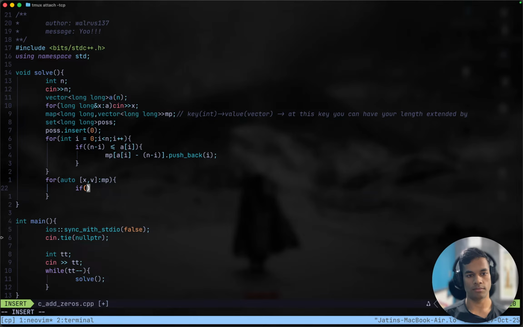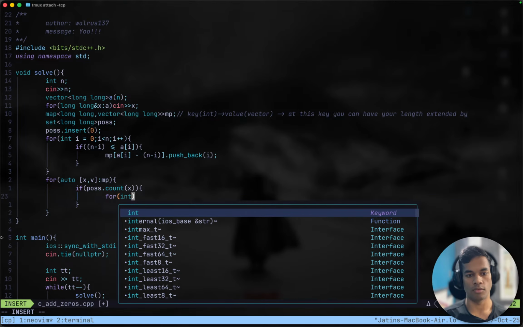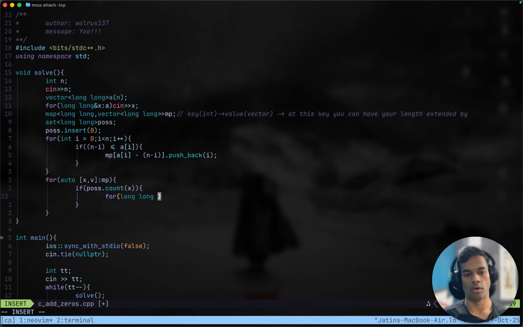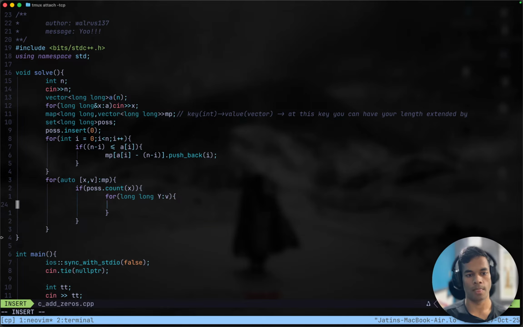And if it is possible to have a length of x, then that will increase our possibilities for long y in v: pos.insert(y plus x).